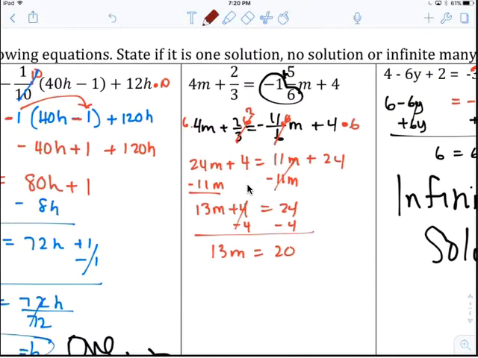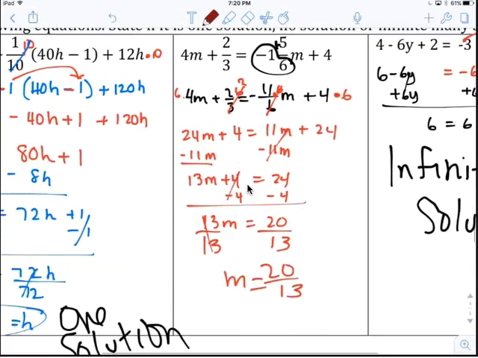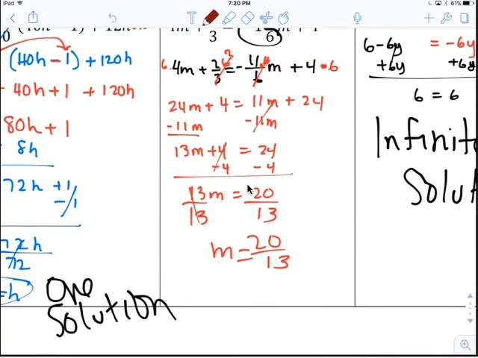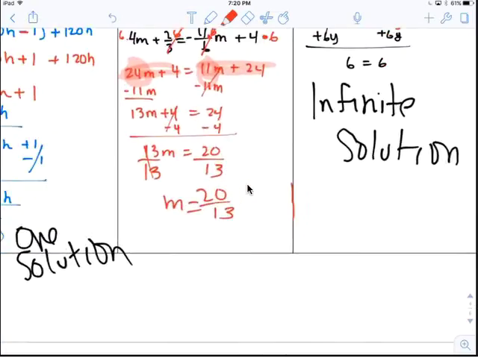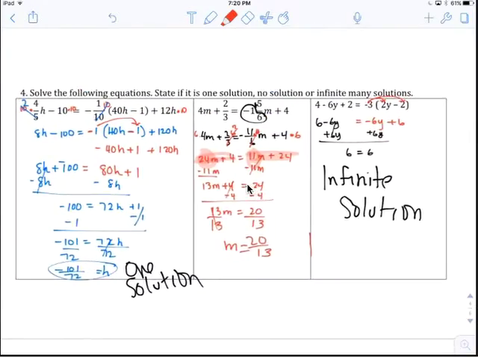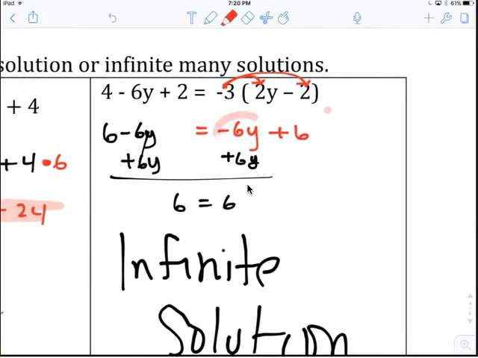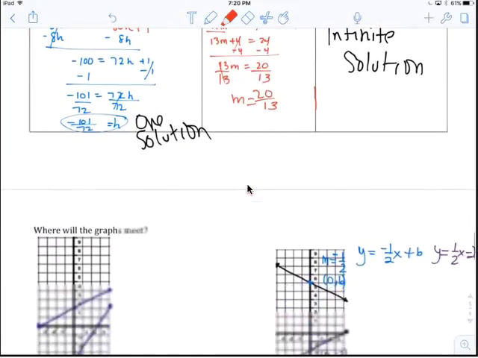But this is one solution. Divide by 13. m is 20 over 13, one solution. You should know it's one solution way up here because your rates of change are different. Notice way up here, these were the same and these were the same, so you know it's infinite solution.